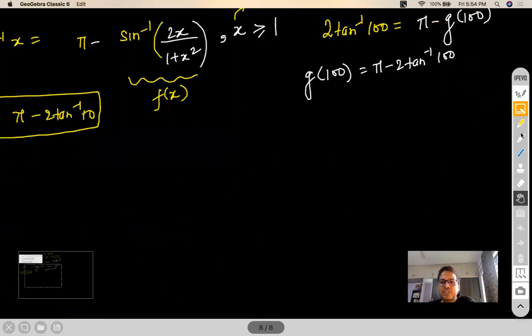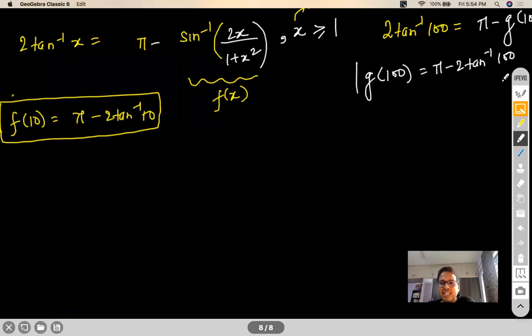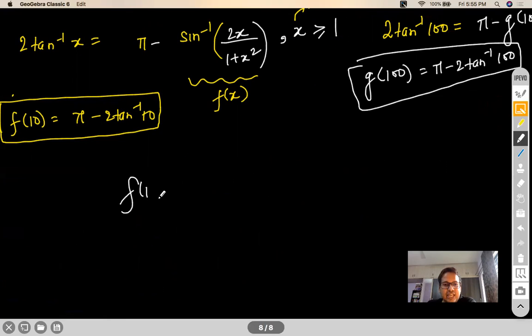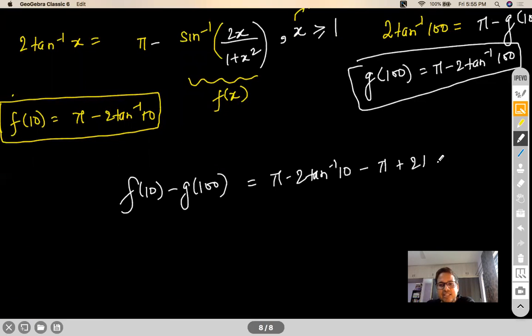So now we have these two gentlemen. We have to put one against the other. So f10 minus g100 will be nothing but pi minus 2 tan inverse 10 minus pi plus 2 tan inverse 100. Pi goes for a toss.